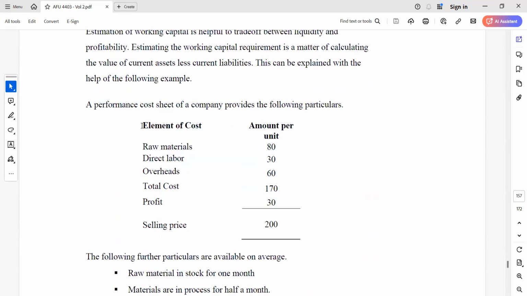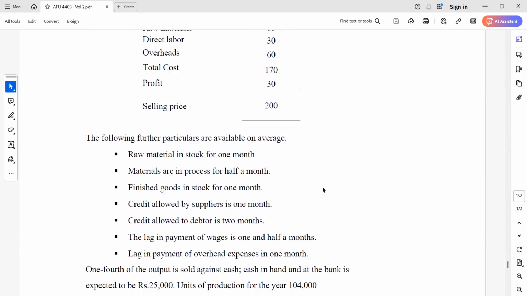First, you have the cost per unit and the selling price. Then you have the company policy: raw material, the company maintains one month's requirement.